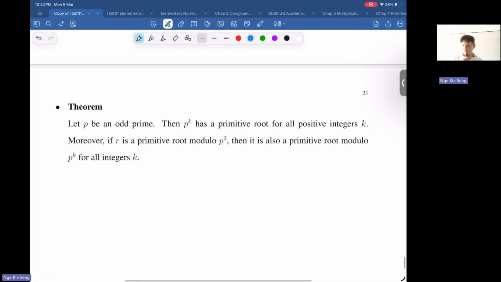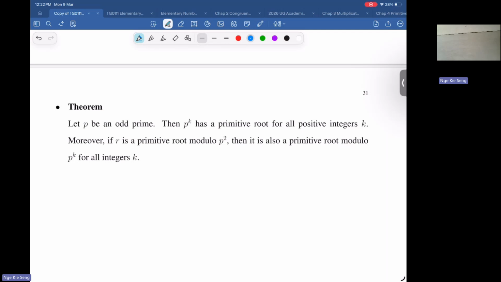If you found a primitive root mod p squared, then exactly the same r would be a primitive root for all the different p to the k. No need to do the trick we just did, no need for r plus p or whatever. It will serve the same role.